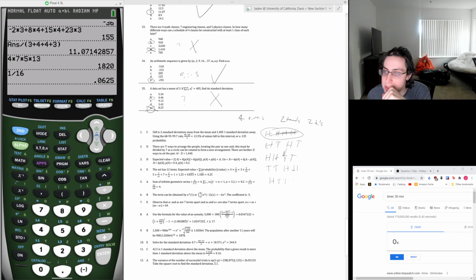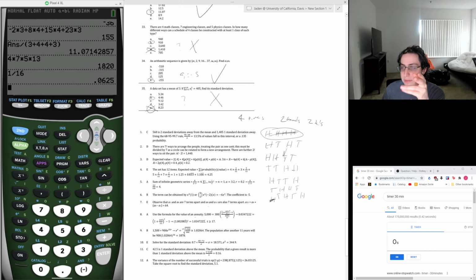Heads, tails, tails, heads, tails, heads, heads, tails, and then heads, tails, heads, tails, tails, heads, tails, heads, which gives us what? 1, 2, 3. So there's actually 6 different ways that that kind of thing can happen.